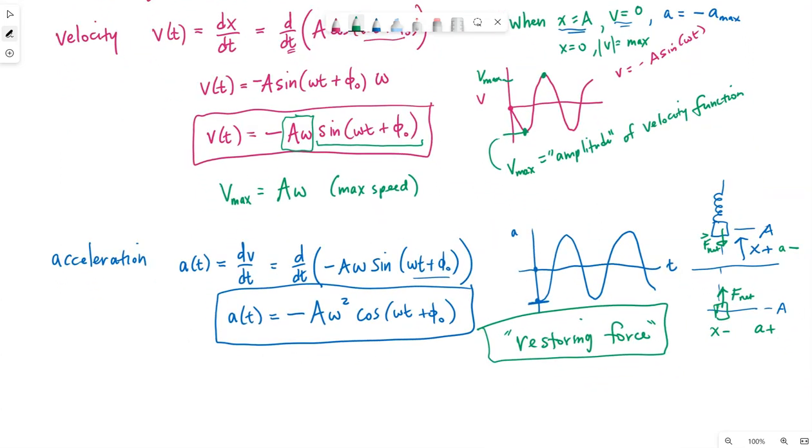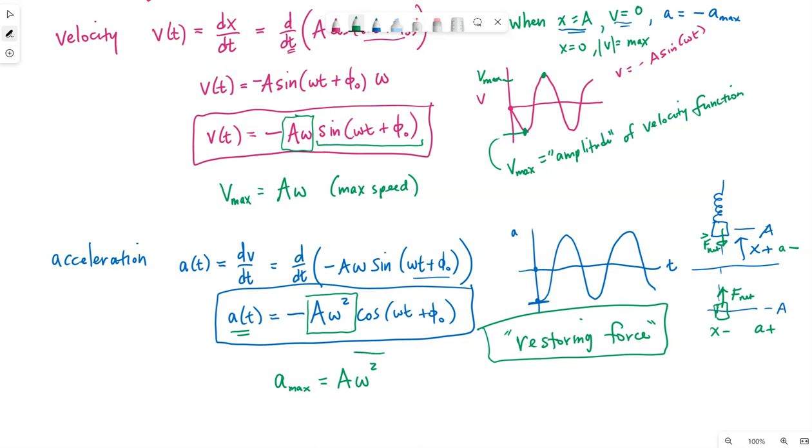Okay, so one other little thing in here, if we come to the function for acceleration, the quantity out in front of the cosine represents the maximum value of this function, which is the acceleration function.